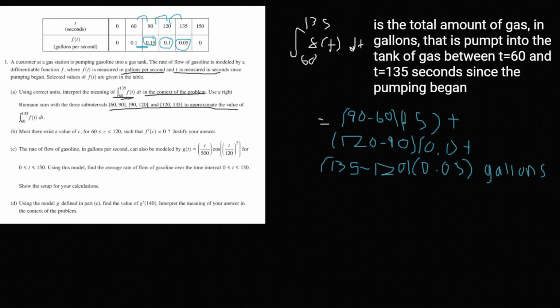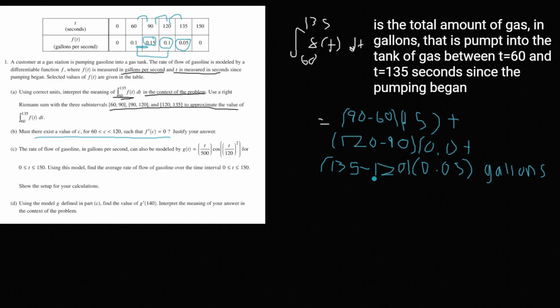All right, part B asks if there's a value c such that f prime of c is equal to 0 from 60 to 120. And yes, there must be. I'm not going to write all of this out. It's just the MVT.